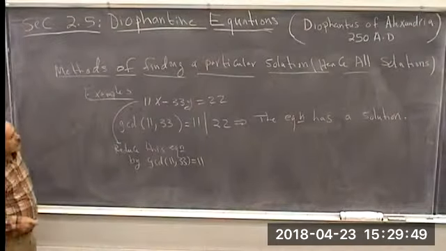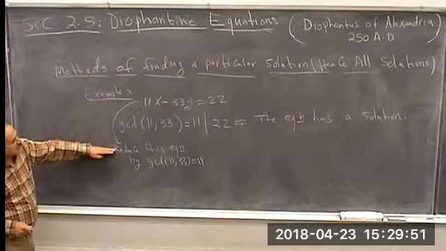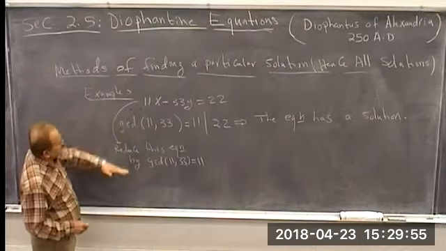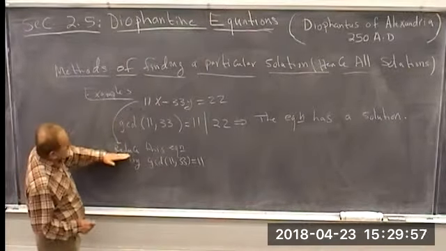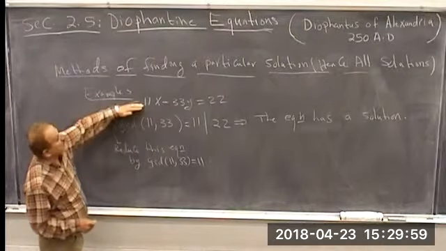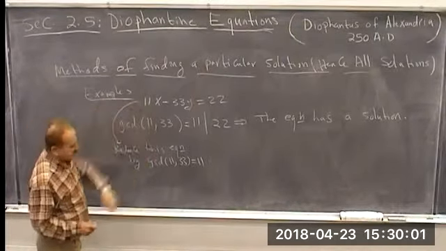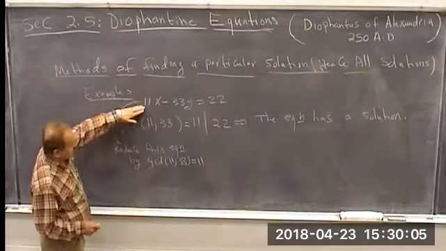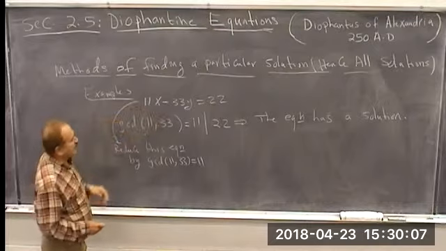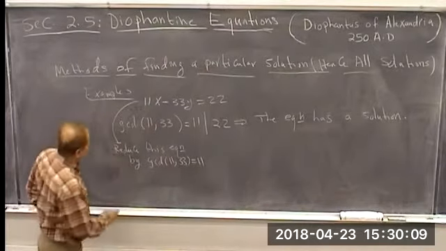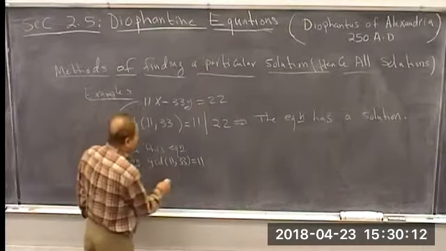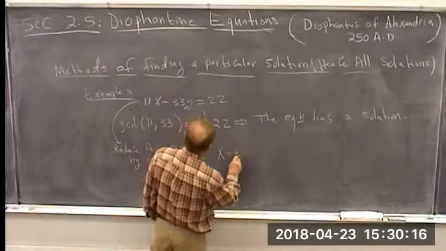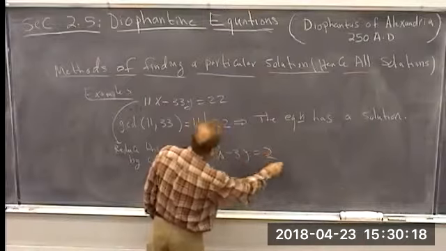Now, to solve this equation, we can reduce the coefficients by dividing by 11, because any solution for the reduced equation will be a solution for this; you just multiply back by 11. And vice versa. If there is a solution here, you divide by 11, and it will be a solution for the reduced equation. The reduced equation is going to be x minus 3y is equal to 2.